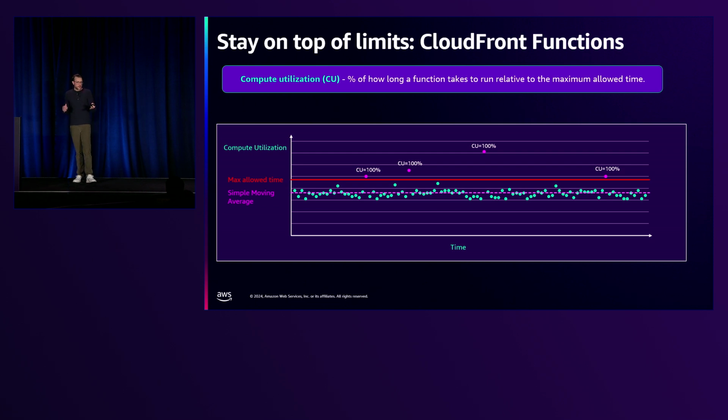So in this example, we had several functions that went above the maximum allowable time, but because the simple moving average stayed under it, those functions actually didn't throttle, and they ran just fine. And so as long as your simple moving average stays below the max threshold, your functions won't throttle, which is really handy. This allows you to have sporadic spikes in execution time without impacting your applications.